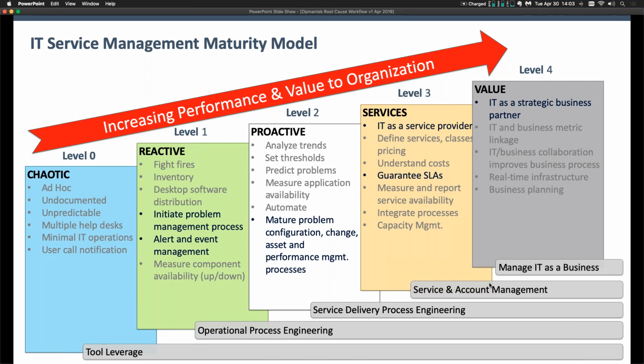That in itself leads you up to level 3, helping you shift to more of an IT as a service provider, right? So you're becoming more of a consulting organization or a consulting department within your business, as opposed to just a firefighter, a break-fix team. This, of course, helps you be able to guarantee the SLAs that you're providing. Again, that's regardless of whether you're a managed service provider helping support a third-party organization, or an internal department providing support to other departments within the group.